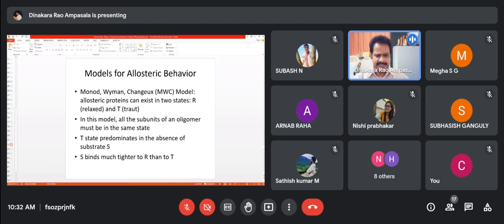The T state predominates in the absence of substrate. S binds more tightly to R than T, because the relaxed, active form has more interaction with the substrate. That's why S binds R more than T. T predominates where substrate is not present, so there is no interaction.